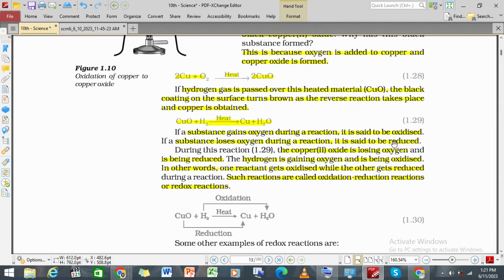If hydrogen gas is passed over heated CuO, the black coating on the surface turns brown as the reverse reaction takes place and copper is obtained.